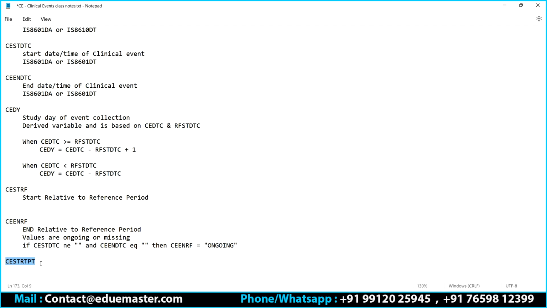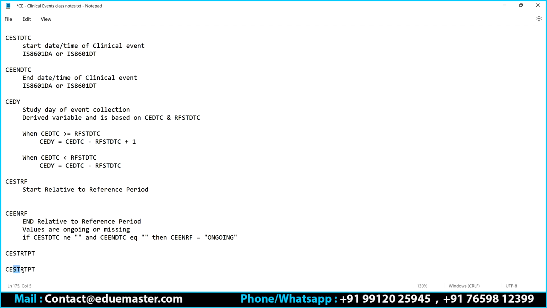The same thing if I write it for EN, that is going to be end. That is clinical event end relative to the reference time point. Right? So mostly we concentrate on the second one, but anyways we'll write both of them. Clinical event start relative to the reference time point.